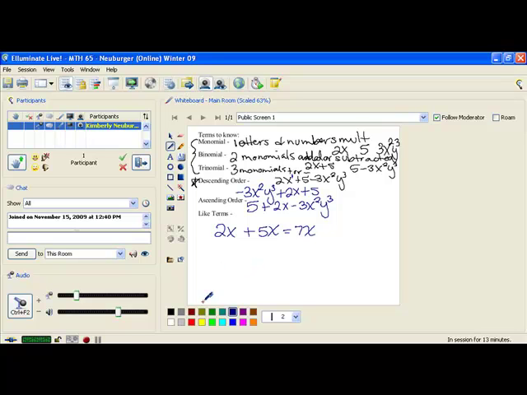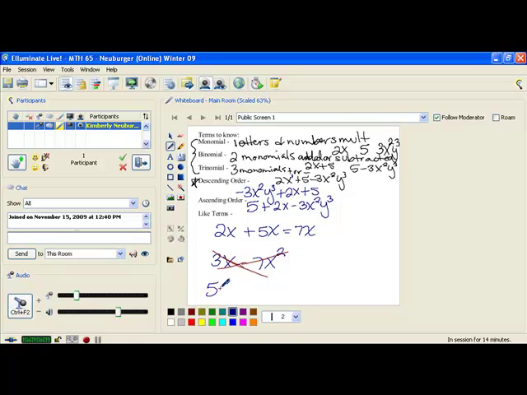So like terms need to be things with the same variables and the same exponents. If I had a 3x and a 7x squared, those would not be like terms, because one had a square and one did not. If you have more than one variable, you have to check all the variables.